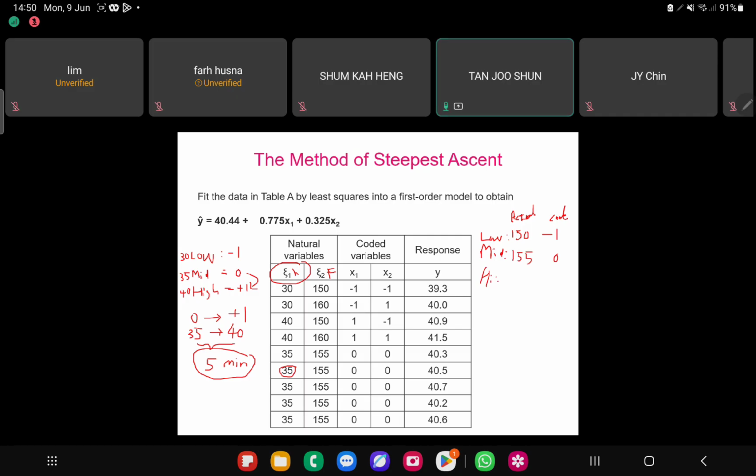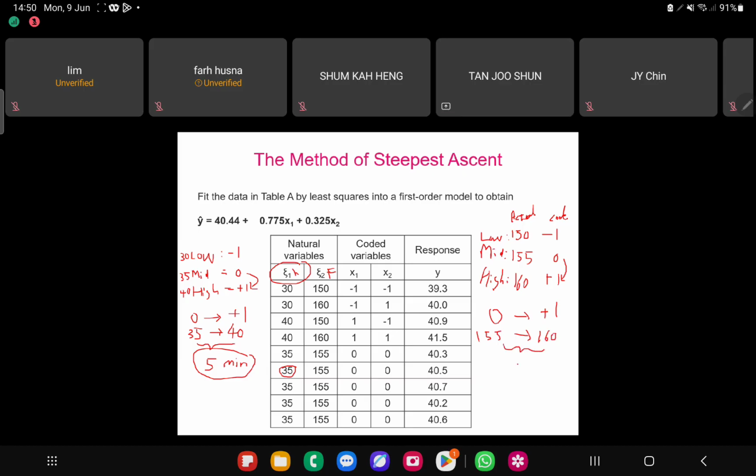High is 160, +1. So we know that from 0 to 1, it is 155 to 160.